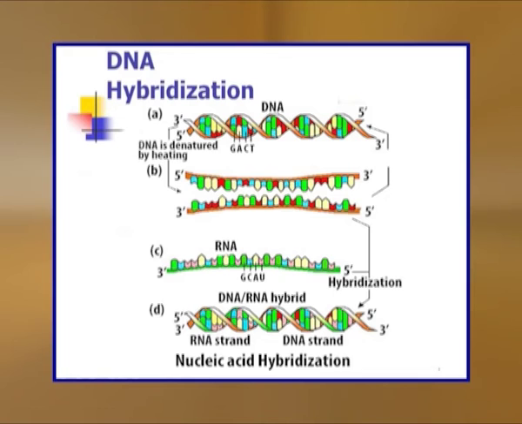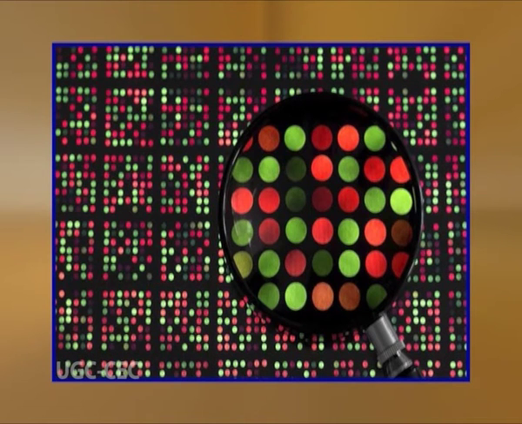The basic principle behind microarray is the base complementarity. That is, the base pair A is complementary to T and C is complementary to G. In a microarray, many thousands of spots are placed on a rectangular grid with each spot containing a large number of pieces of DNA from a particular gene.